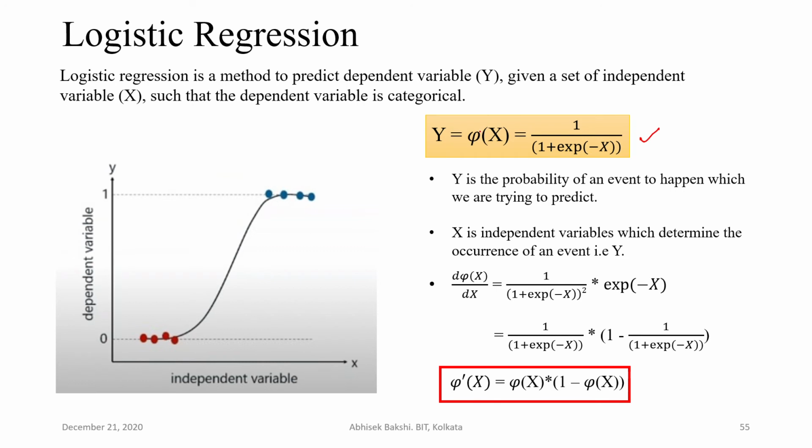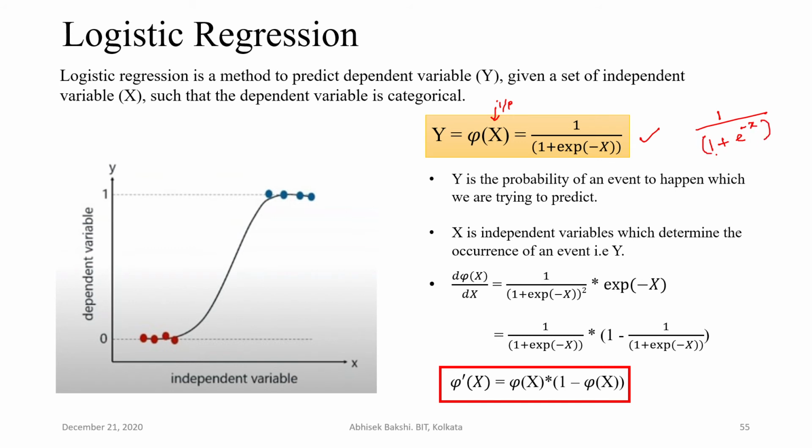This particular phi function is a universal function that represents the sigmoid function. This is our input data, which is represented as 1 over 1 plus e to the power minus x. Some people also write it in this way.